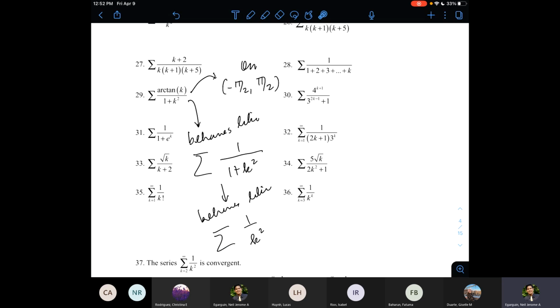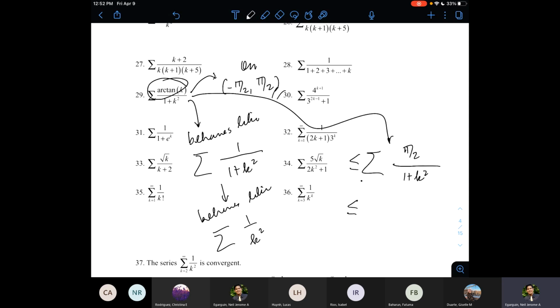And how do you do that? Well, you can use the limit comparison test or the direct comparison test, right? So you can say that this guy is smaller than pi over 2 over 1 plus k squared, right? Because the maximum value of arctan is pi over 2. But this guy is smaller than pi over 2 over k squared.